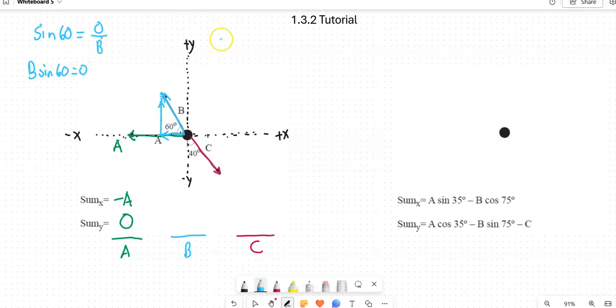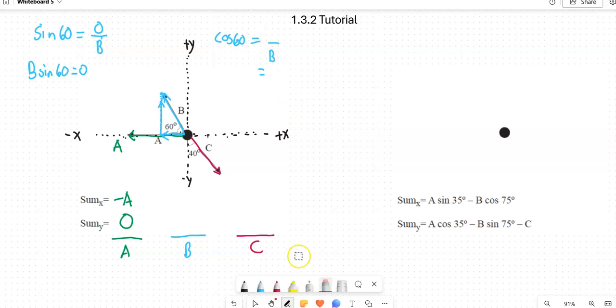All right. On the other side, here we go, we have cosine of theta, which is SOHCAHTOA, is equal to adjacent over hypotenuse. Well, our angle is not theta, it is 60 degrees, and our hypotenuse is labeled B. So this is cosine of 60 degrees, and that hypotenuse is B. In other words, the adjacent side is equal to, so I multiply both sides by, I'm going to actually make this not capital A because that might be confusing.